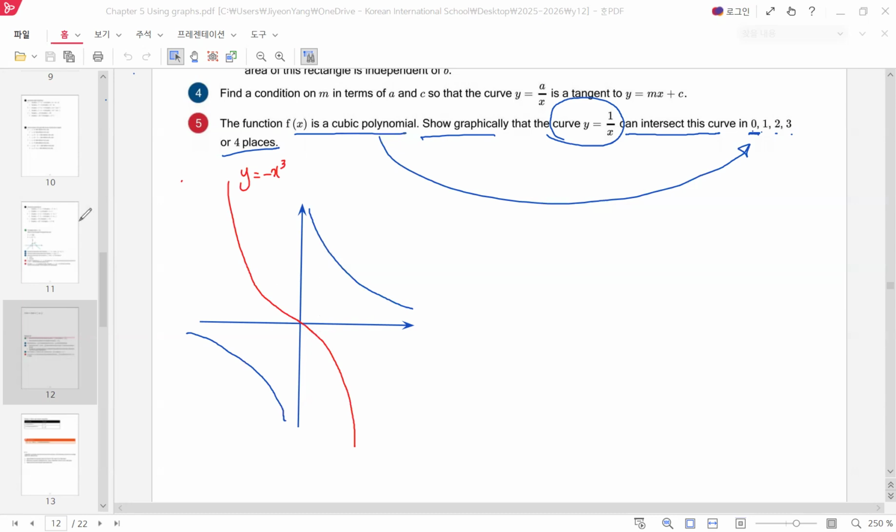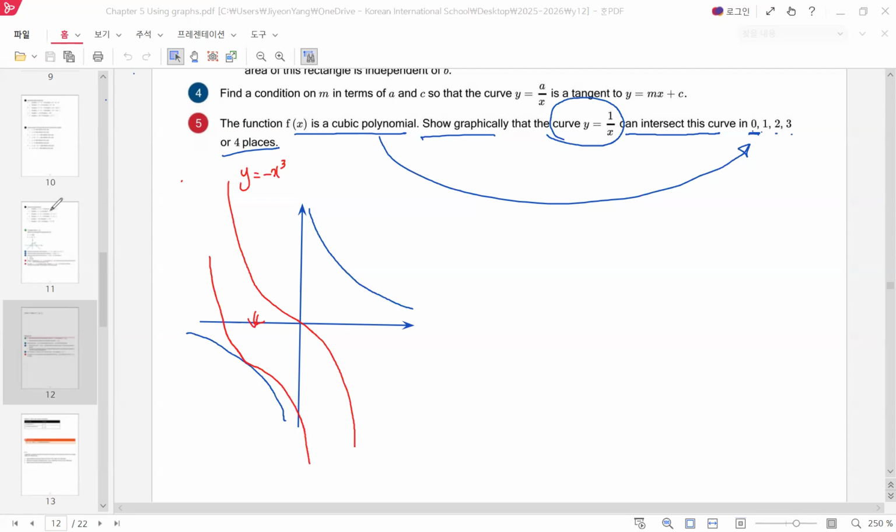Okay, then one intersection point. If I were you, I would move this graph down slightly to make one intersection point.